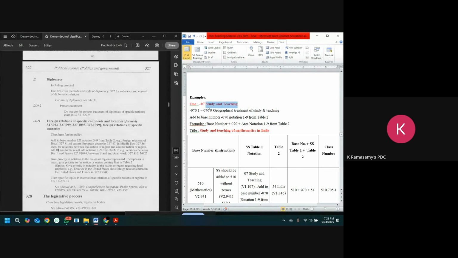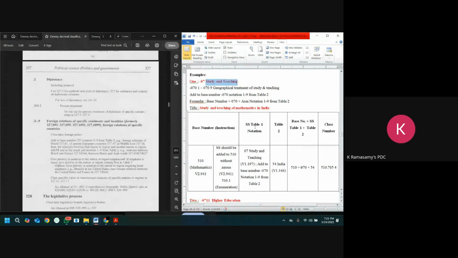For example, 07 stands for study and teaching. If you want something like study and teaching in India, you can add it. After 070, you can add any number taken from table 2. What I want to say is that even a number from table 2 can be added to a standard subdivision number. Many examples are there.